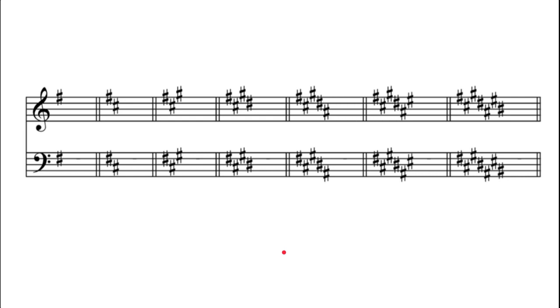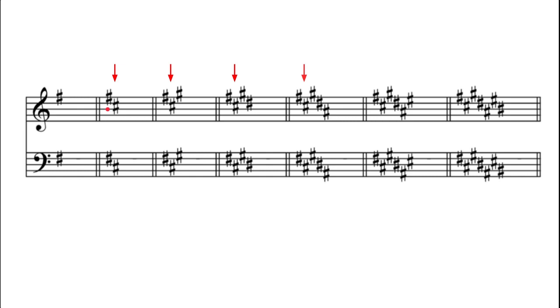Let's take a look at some of the patterns of key signatures that will later help you identify important ways on how to read music. First, we have these sharps, and as you can see, the first sharp on every key signature starts the same. It starts with F sharp. Let's go to the second note.